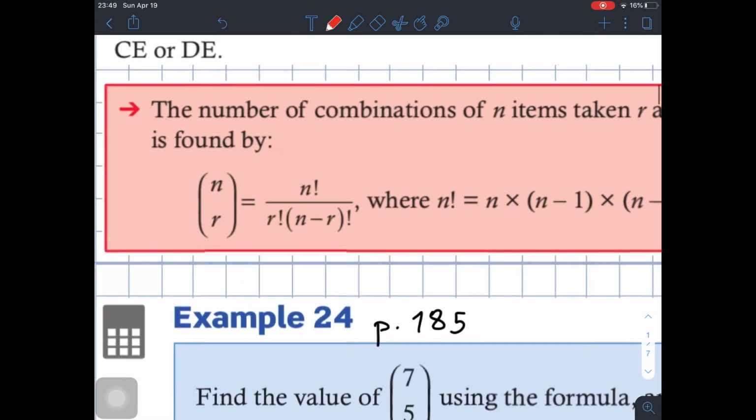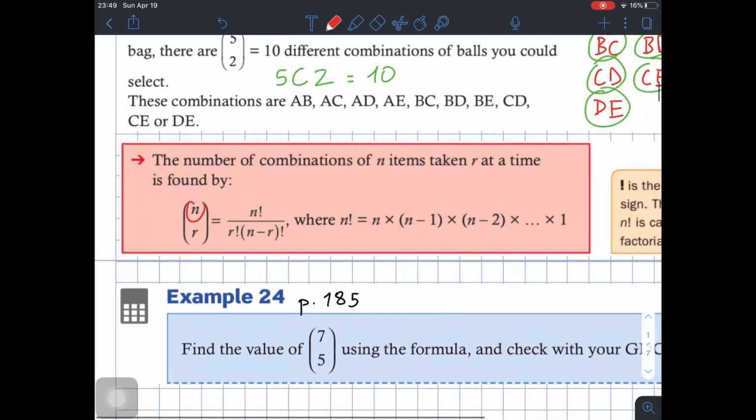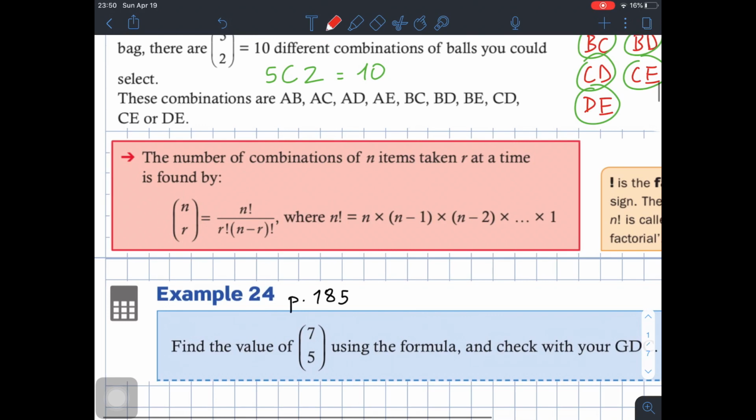So the formula is basically n items taken r at a time equals n factorial over r factorial times n minus r factorial. Remember what factorial means? For example, if I want to find 4 factorial, do you remember what the factorial sign means?